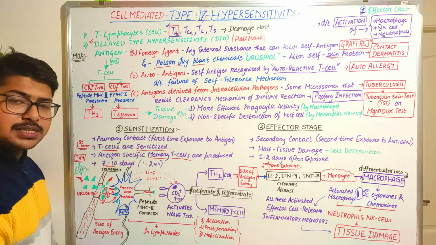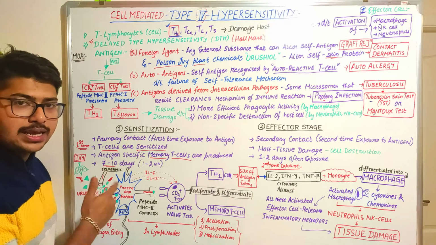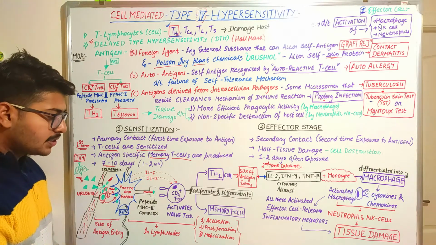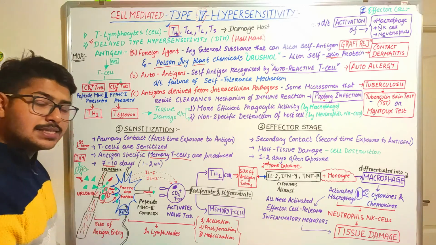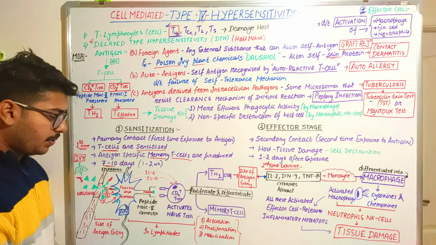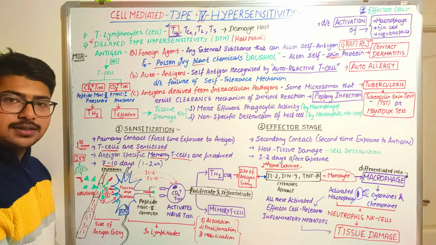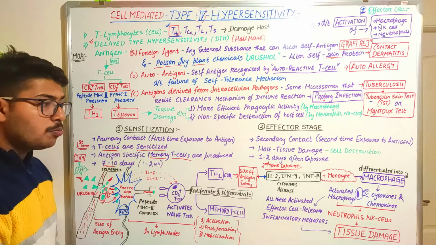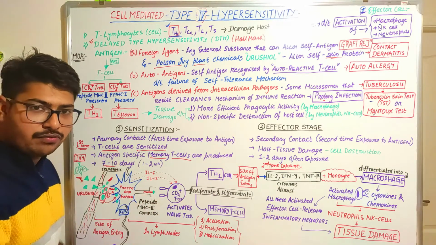Here the antigen presenting cells may be dendritic cells or Langerhans cells. As it's the skin, I am saying dendritic cells. The dendritic cells have specific functions. They receive the antigens that come in. What will be done inside? It's going to form a determinant form of the antigen, modifying the antigen into a peptide form.